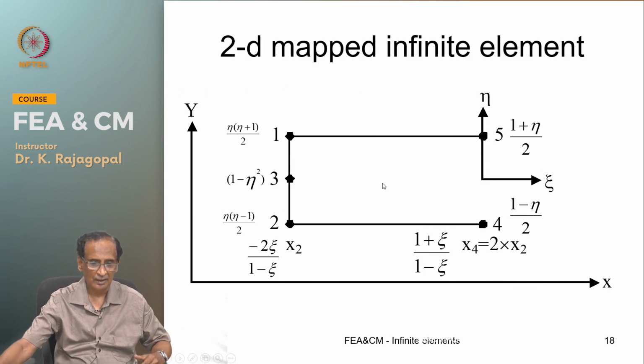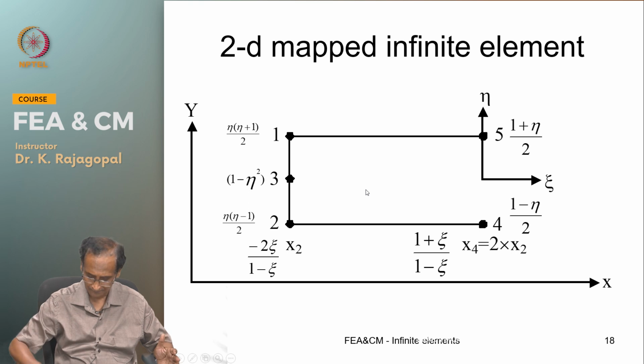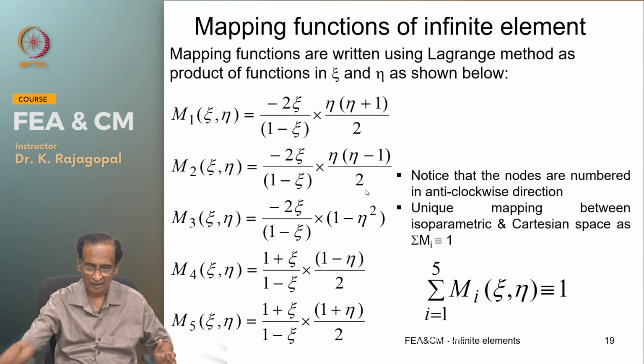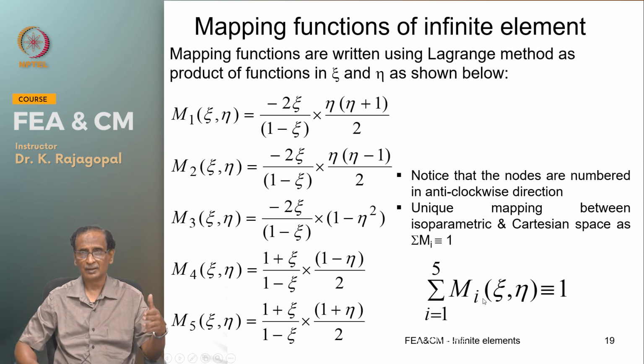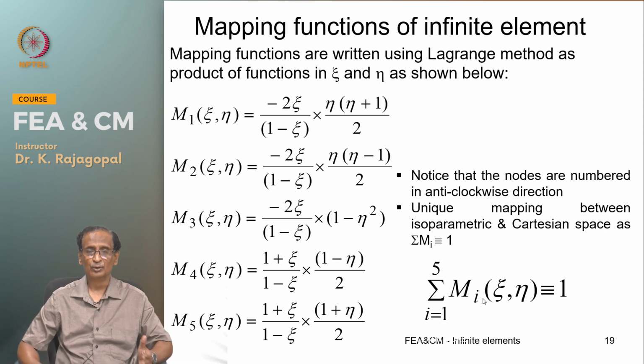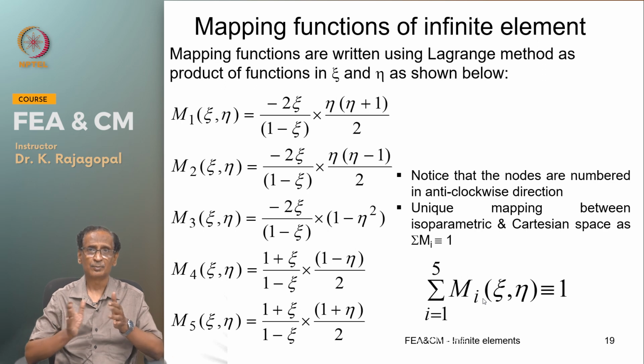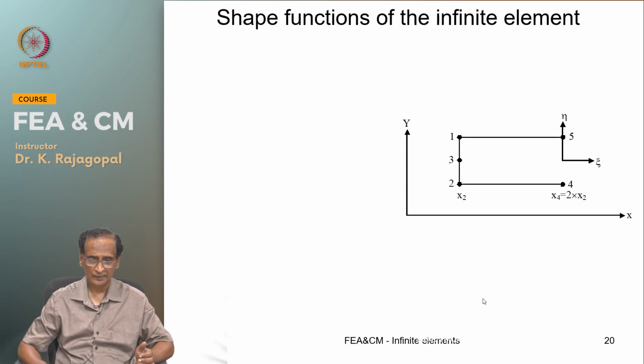So the shape function m1 is 1 at this point, xi of minus 1 and eta of plus 1, and at this point your m3 is 1, and if you evaluate m3 at any other points, it is going to be 0, and so on. So our sigma of mi is exactly equal to 1. That means that we can expect unique mapping between the Cartesian space and the isoparametric space.